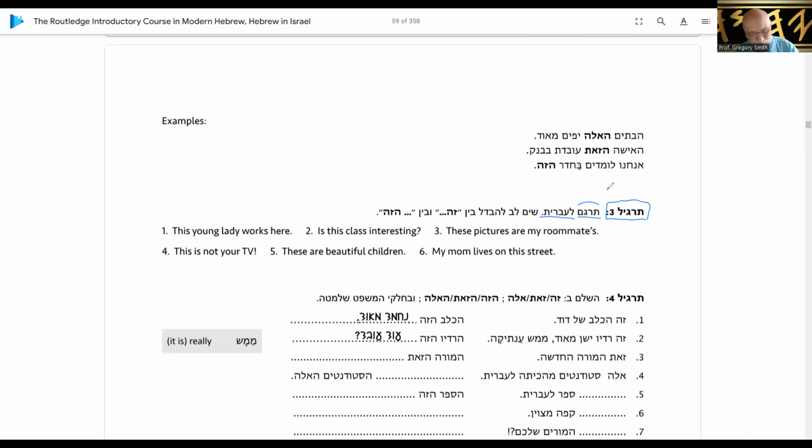Targum is that translation word. Tirgim L'Ivrit. Translation to Hebrew. Okay, so they're saying translate into Hebrew. Tirgim L'Ivrit.